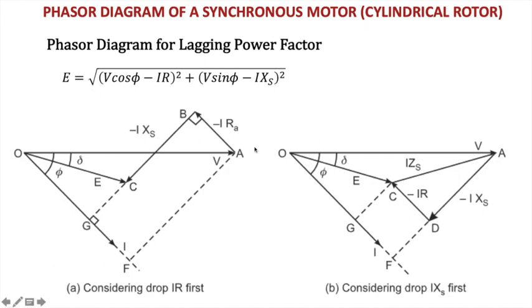So E will be equal to V cos phi minus IR drop, because this IR is in phase with the current.